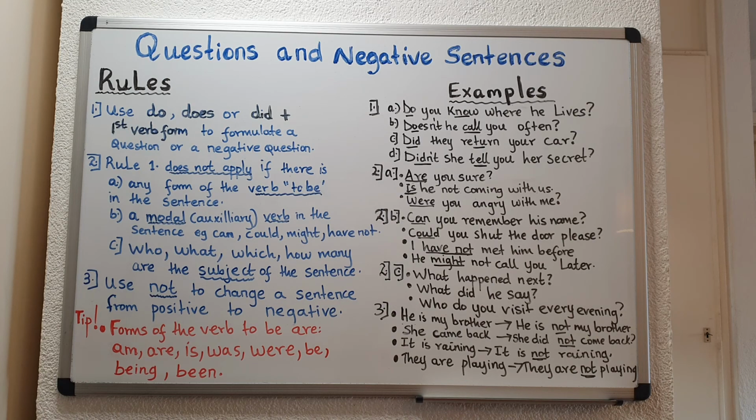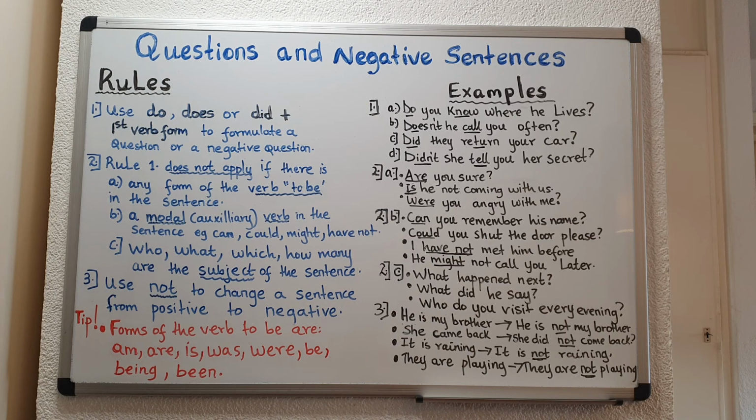Then 2A, are you sure? Will become, are you not sure? Then the next example, is he not coming with us, is already negative. Then, were you angry with me? Will become, were you not angry with me? Then examples 2B, can you remember his name?